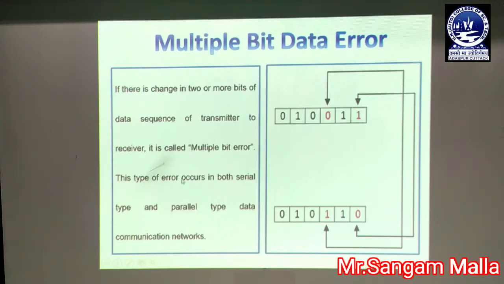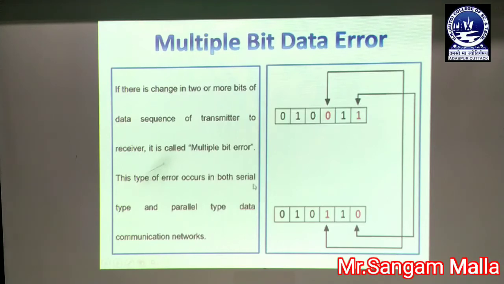This type of error occurs in both serial type and parallel type data communication networks. Previously we discussed that single bit data error mostly arises in parallel type data communication, but in this case it occurs in serial type as well as parallel type data communication channels.